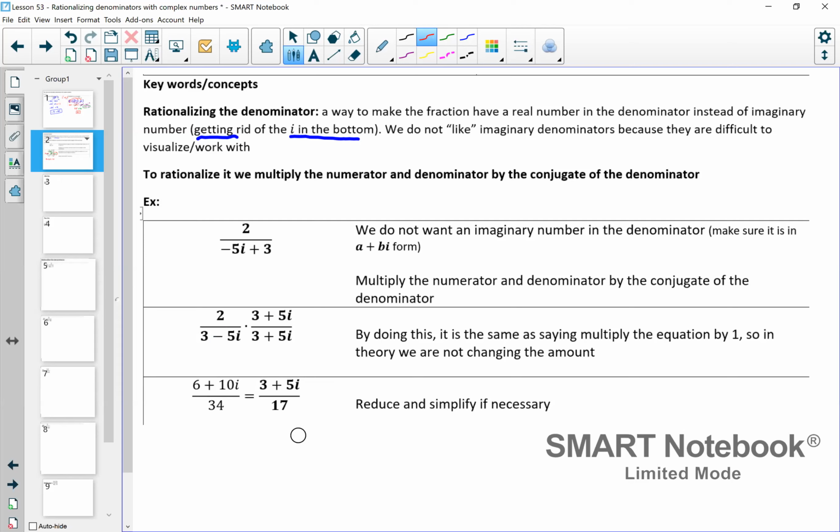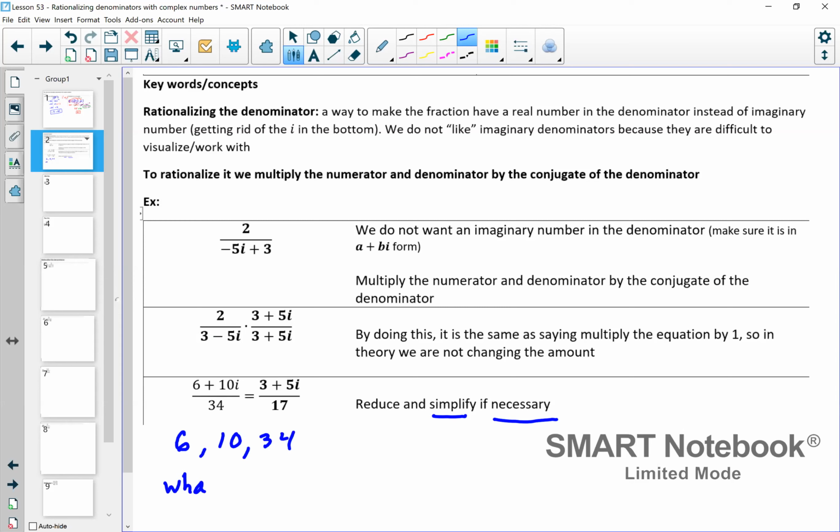And now for our last part, we're going to do something called simplify. And I say if necessary, because we cannot always simplify it. But what we're saying here is 6, 10, and 34. What can we divide them all by?